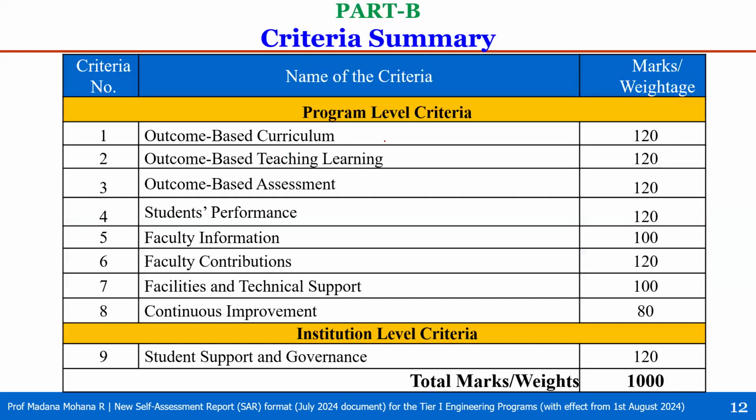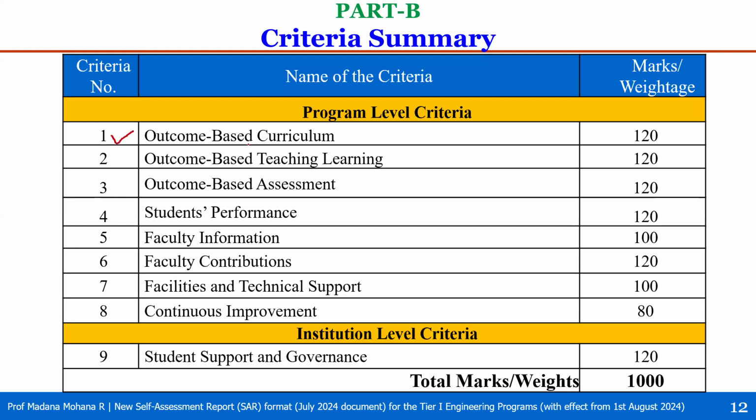So the following table shows criteria wise summary. So as per the new SAR, total we are having 9 criteria. As per previous SAR, that is January 2016 document for Tier 1 institutions having 10 criteria. But as per this new SAR, we are having only 9 criteria. So let us see the criteria names and their weightages.